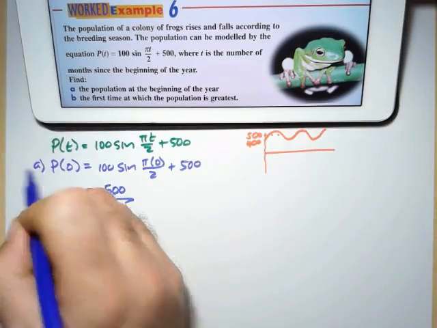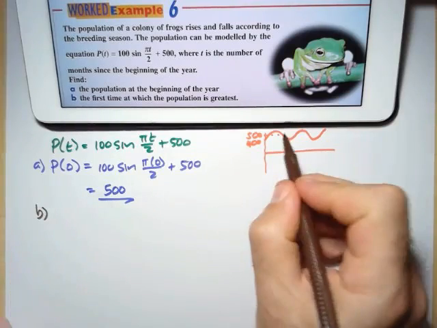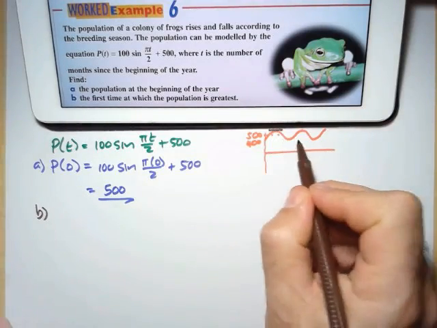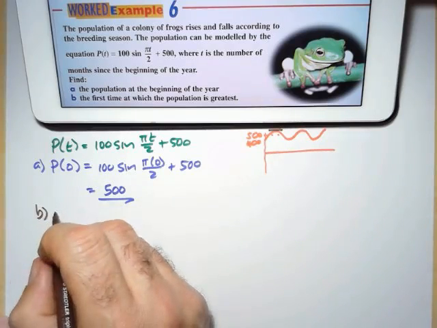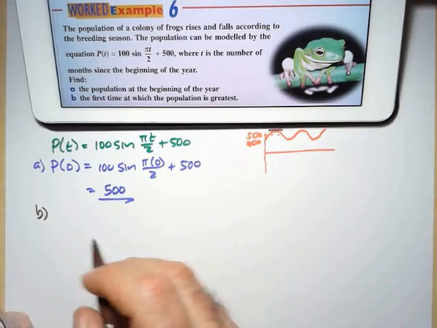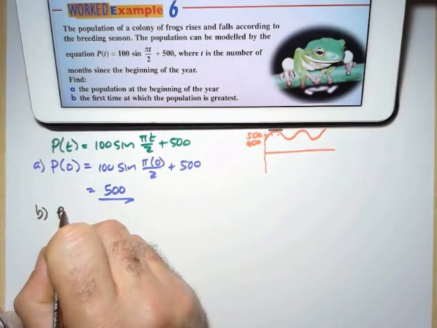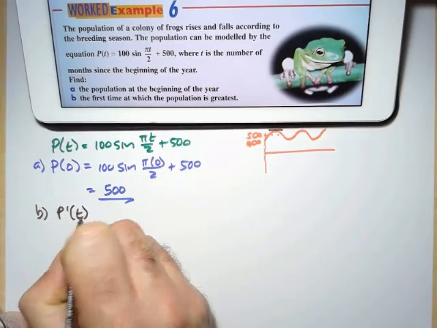So that was A. For B, we're going to look at the first time when it is greatest. I know where it is, but I have to show all my working. My first derivative is 0 where my gradient is 0, so I have to find the first derivative.